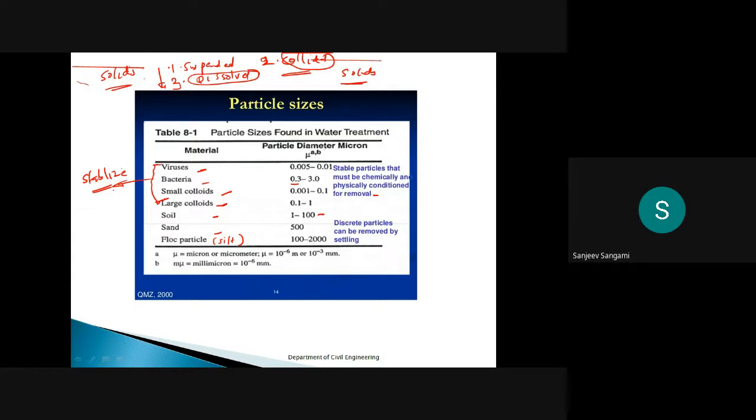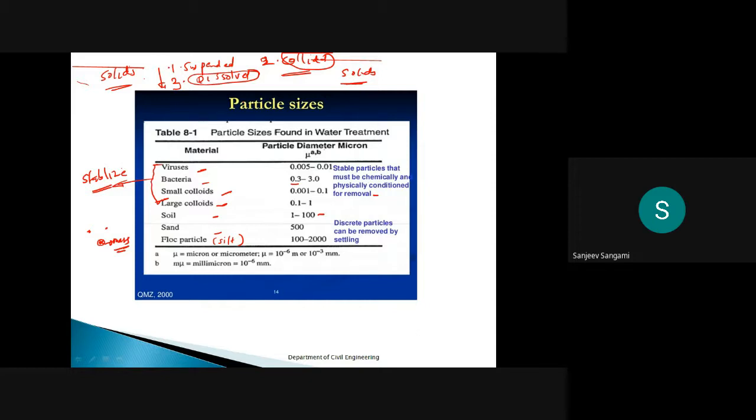So first you have to stabilize them and make them a bigger mass, like in the flocculant settling we have been discussing. If two particles are there, you have to bring them close together and make a bigger particle. Once you make a bigger particle, its mass increases, and once the mass increases, it is automatically going to settle.